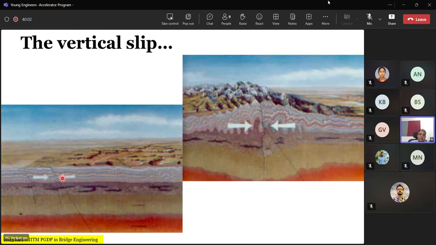So when the strain energy builds up, logic tells you that this mass will go up and that mass will remain the same. That's what is likely to happen. This is the kind of situation which we see in the case of the Himalayas in an overall sense. But locally, there will also be a possibility of an inclined vertical slip of this nature.